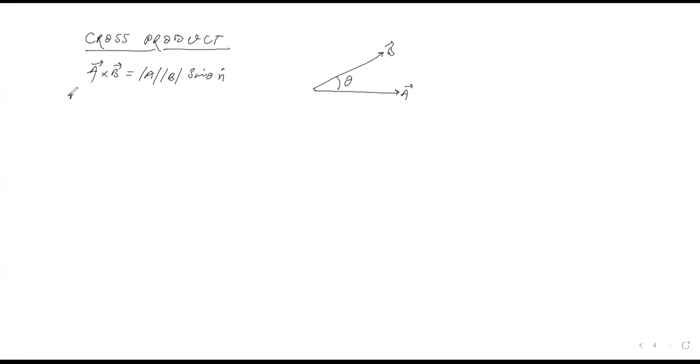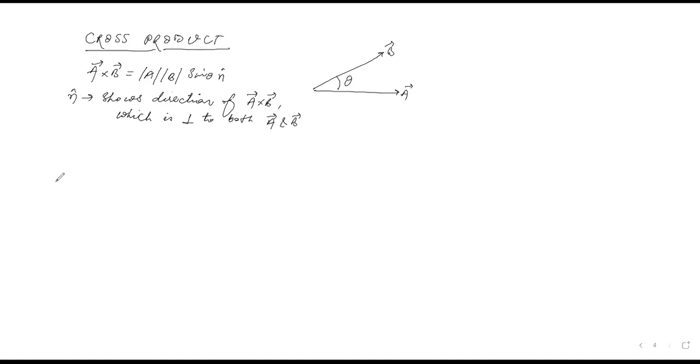Where n shows the direction of A cross B, which is perpendicular to both A and B.